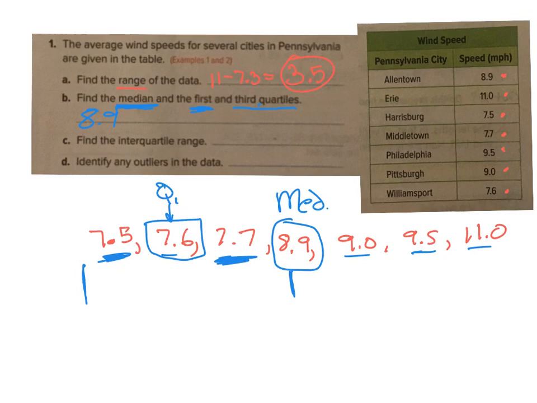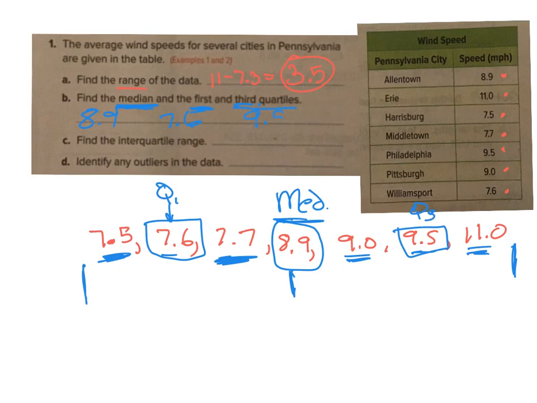So the first quartile is 7.6. Now I want the third one. Second quartile would be your median, it's the middle. So now I got to go from here to here. I take that one off there, I take that one off here, on each side, and it leaves me with 9.5, and that's my quartile 3.